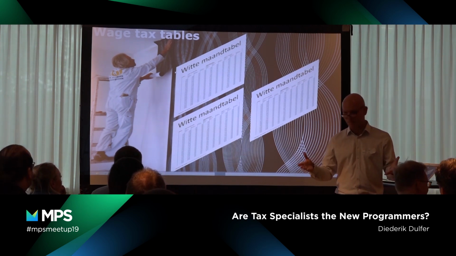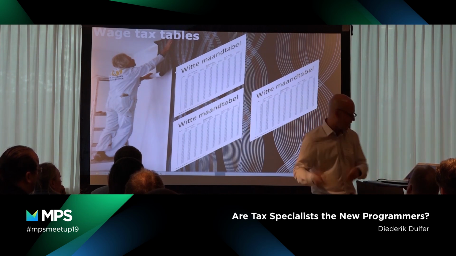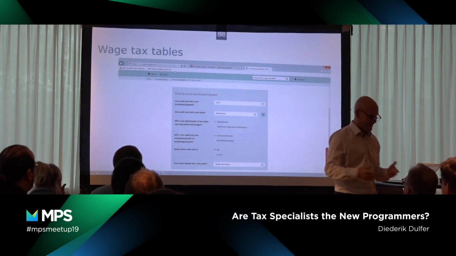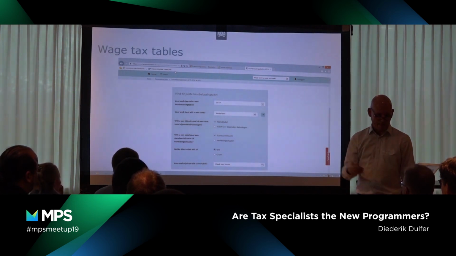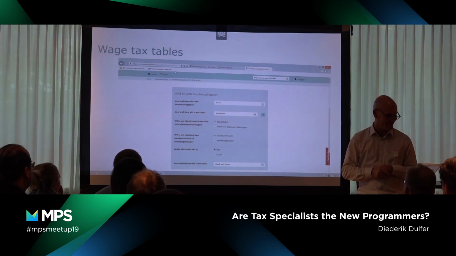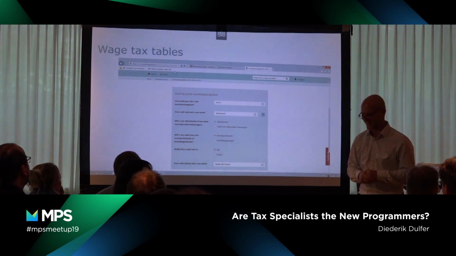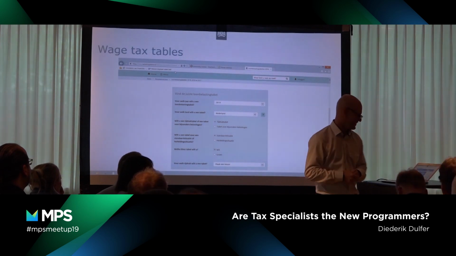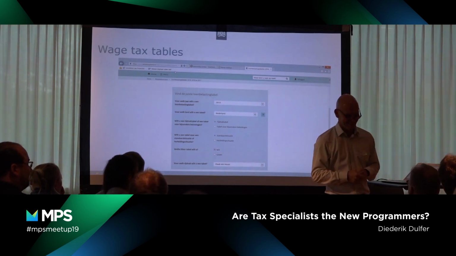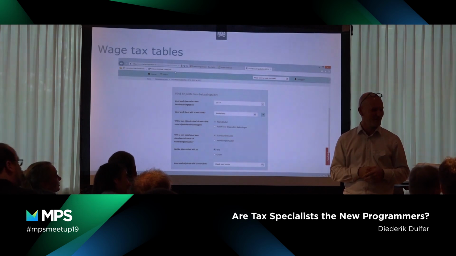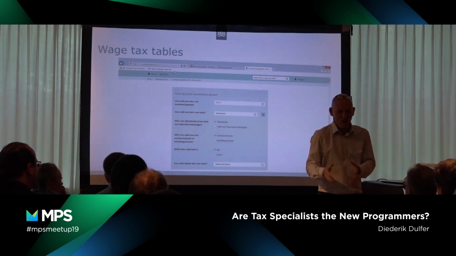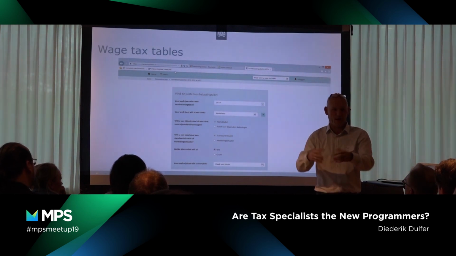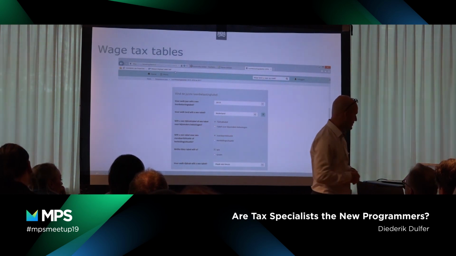But still we publish them on our website, and we have some kind of tool to get to the right table based on the dimensions that you have. Don't laugh. Good luck. The thing is, this is the law. The law says we should provide everybody with these tables.